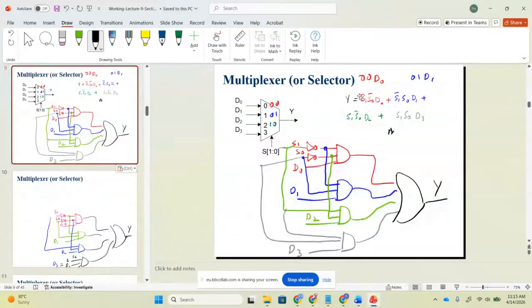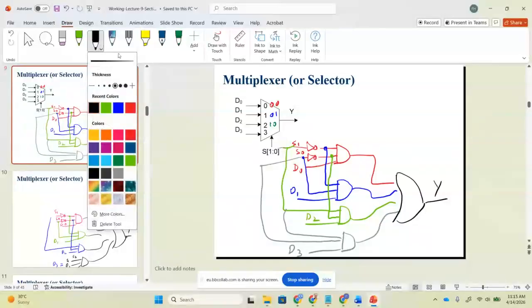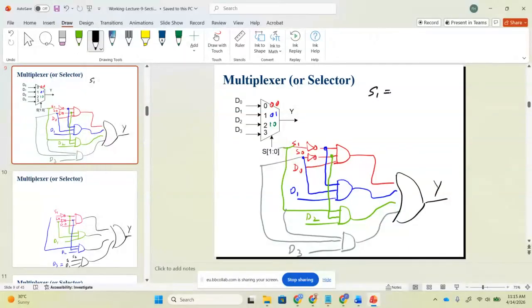So now let's assume, I'm now using the black color, let's assume the value of S1 is 1 and the value of S0 is 0.